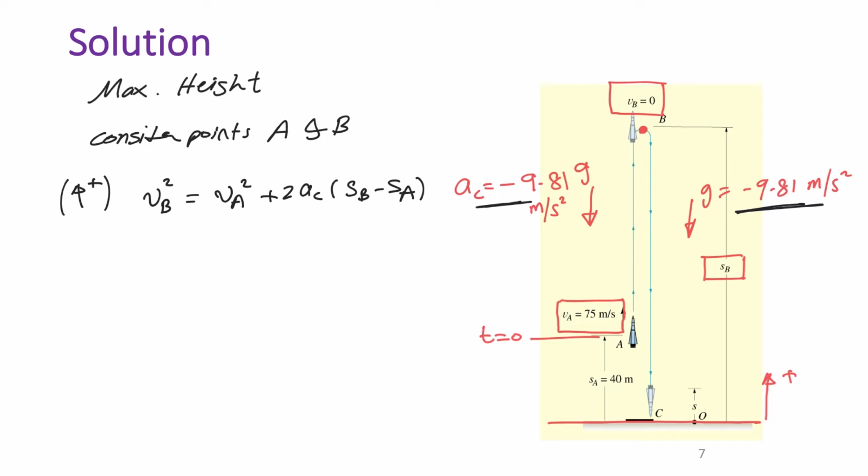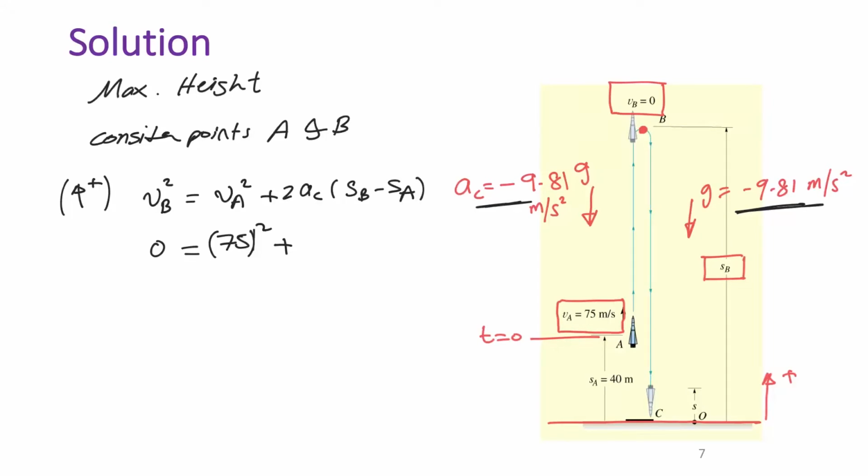It's one number. So if we substitute, VB equals 0, and VA was positive upward, 75 meter per second, squared.